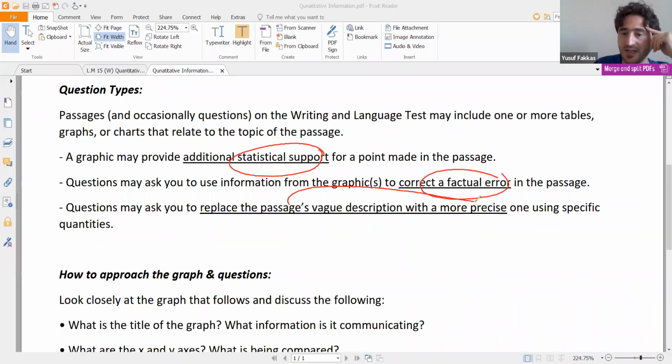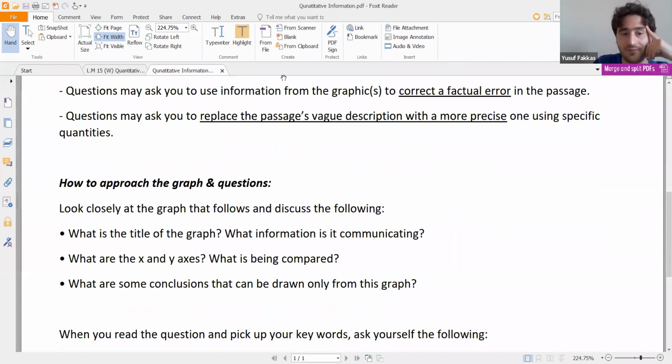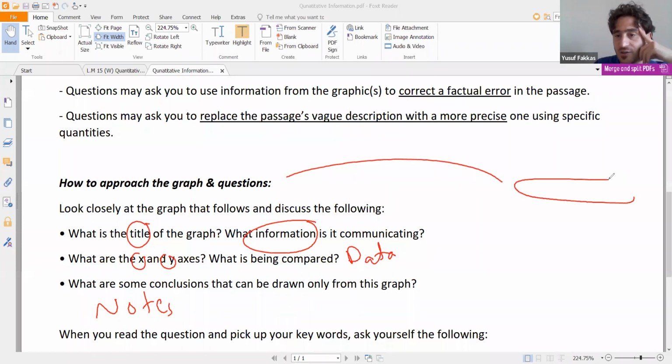Or is it to replace a vague description with an accurate one? Okay, after you decide what type of question you have, you go to the graph, you read the title, you see what kind of information it's communicating. You look at X and Y, you look at the data and what's being compared. You look if you have any additional notes. And then, of course, you go to the question, you read the question, you highlight the keywords in the question. Okay, and then by looking at the options you have, you choose the best answer. Okay, let's put that into practice.